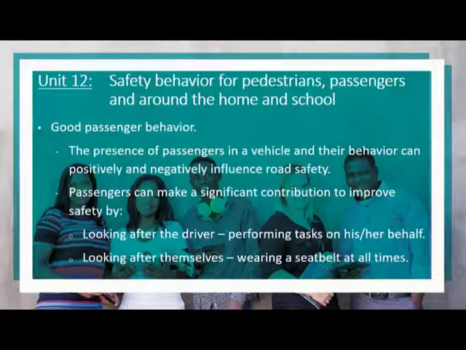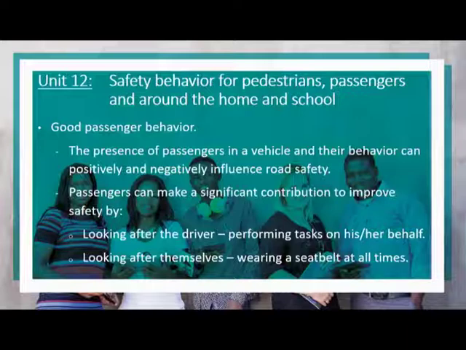Unit 12. Safety behavior for pedestrians, passengers, and around the home and school. Good passenger behavior. The presence of passengers in a vehicle and their behavior can positively and negatively influence road safety.